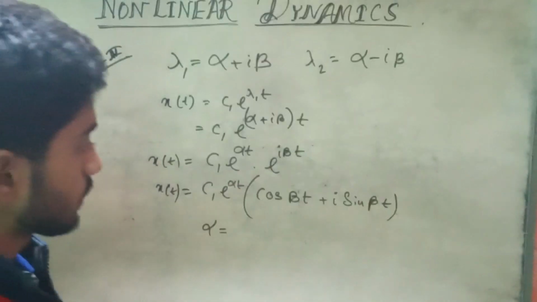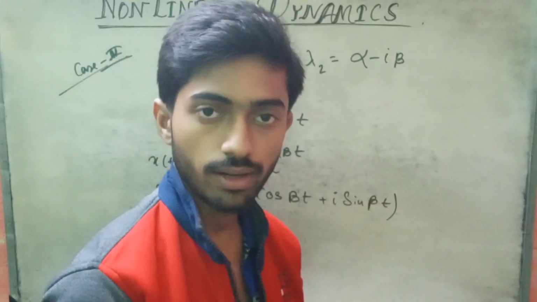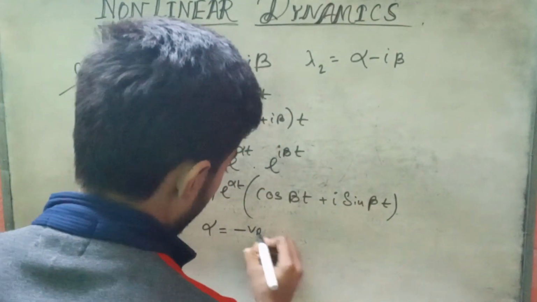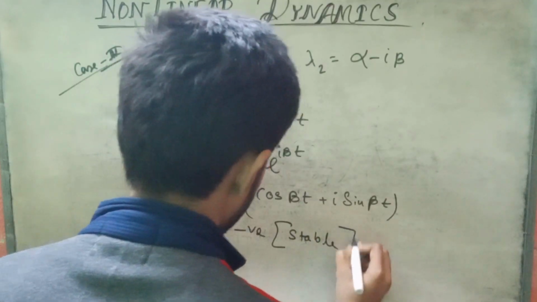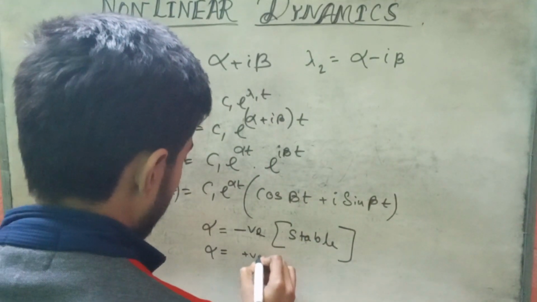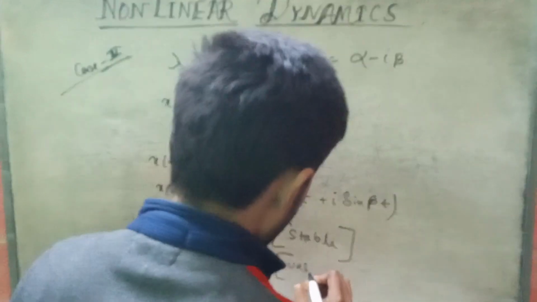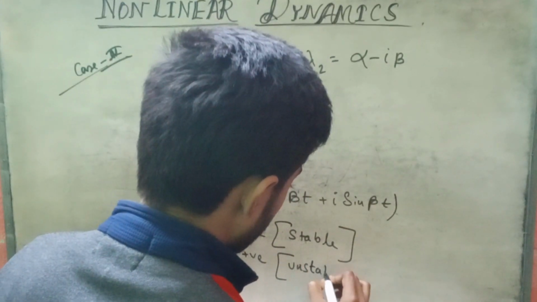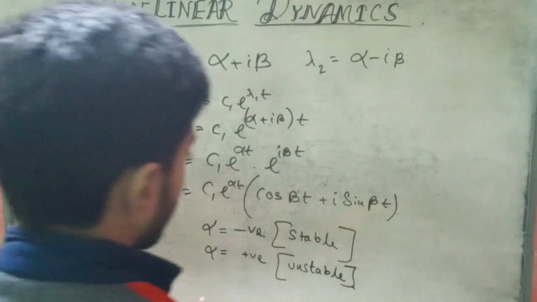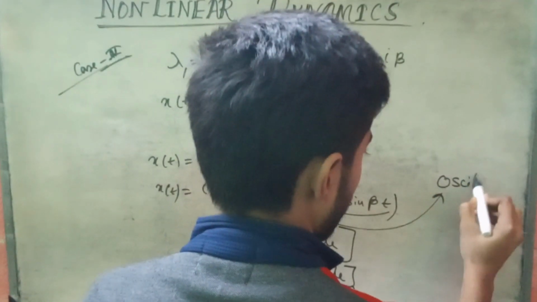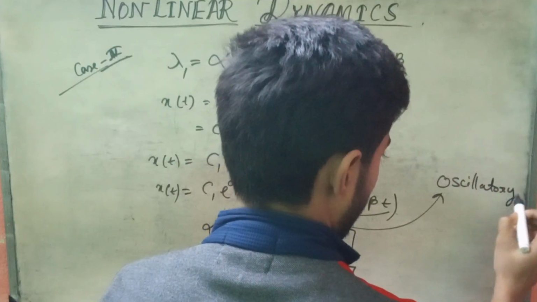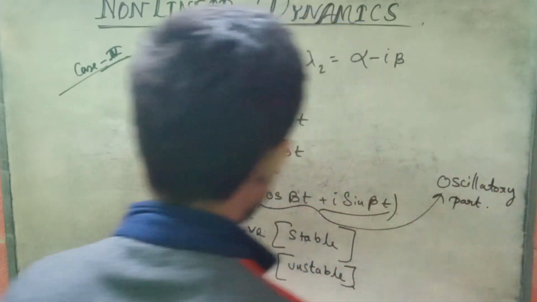It decides whether the system is stable or unstable. If alpha is negative, the system is stable. If alpha is positive, the system is unstable. And this part is the oscillatory part.